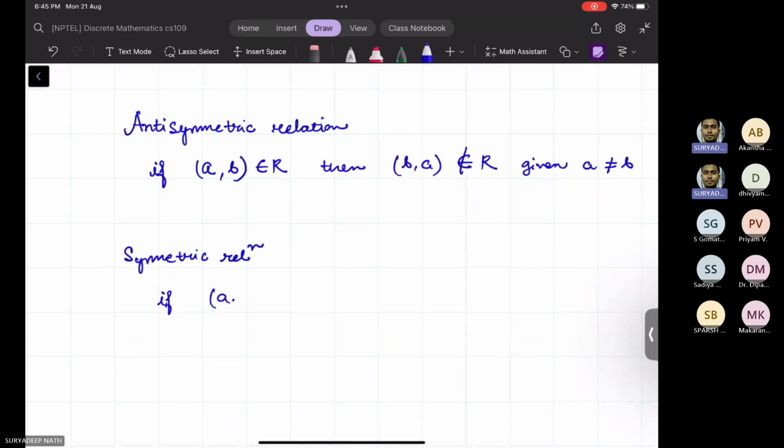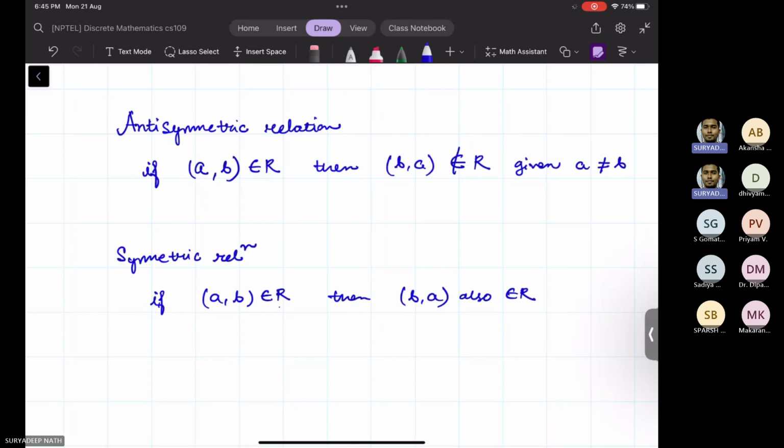If (A, B) belongs to R, then (B, A) also belongs to R. Now go back to your previous week's lectures and think about what this statement means.